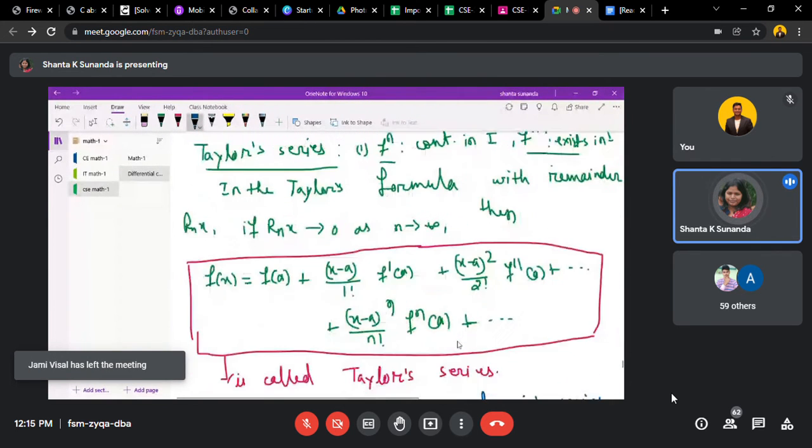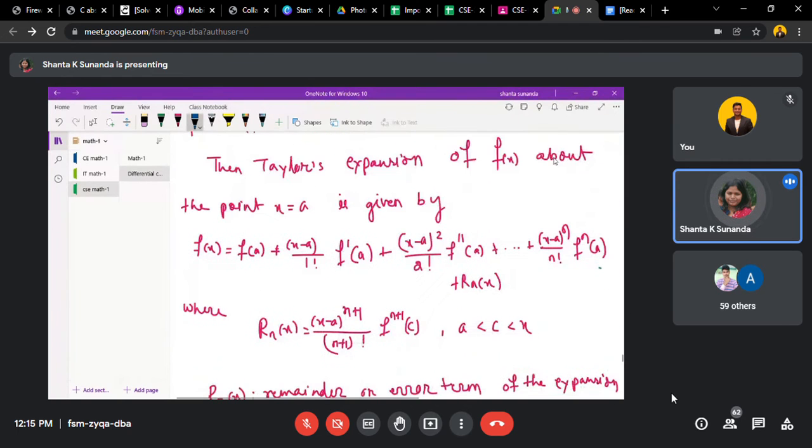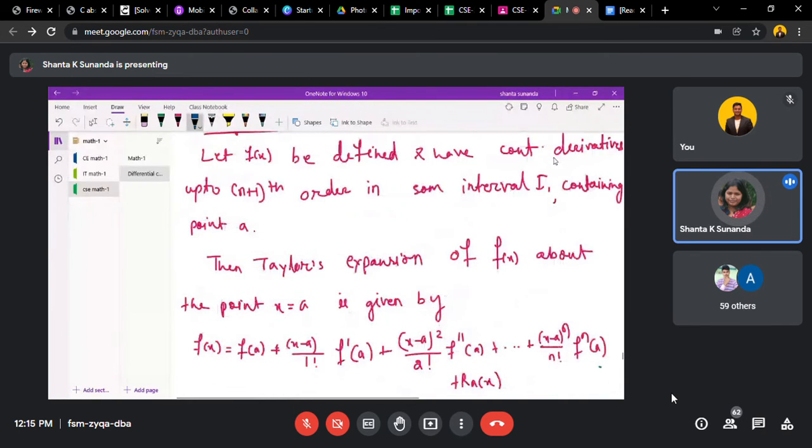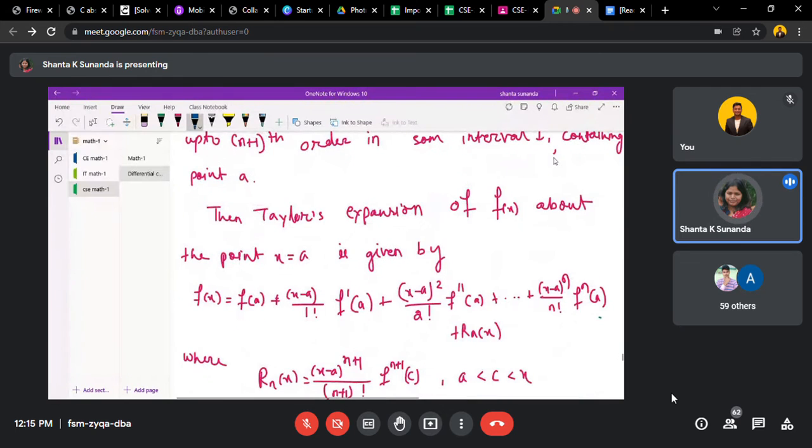But whenever you find the Taylor series, when n approaches infinity, the important thing is that the function is infinitely differentiable, all nth derivatives exist. In the Taylor's theorem, it's nth and n plus 1, like fourth order derivative or fifth order derivative.